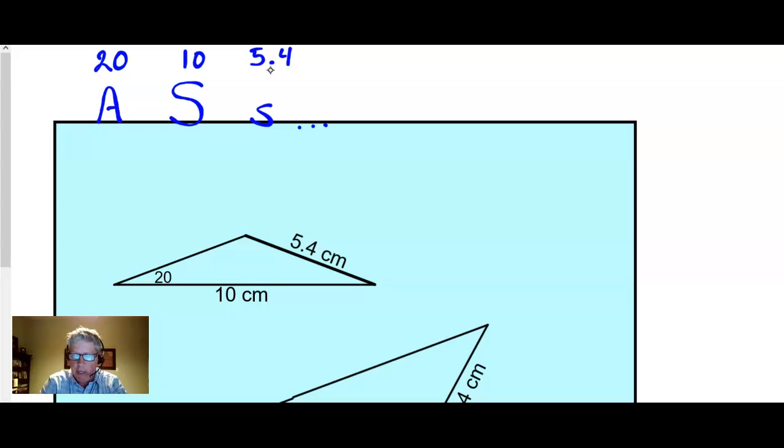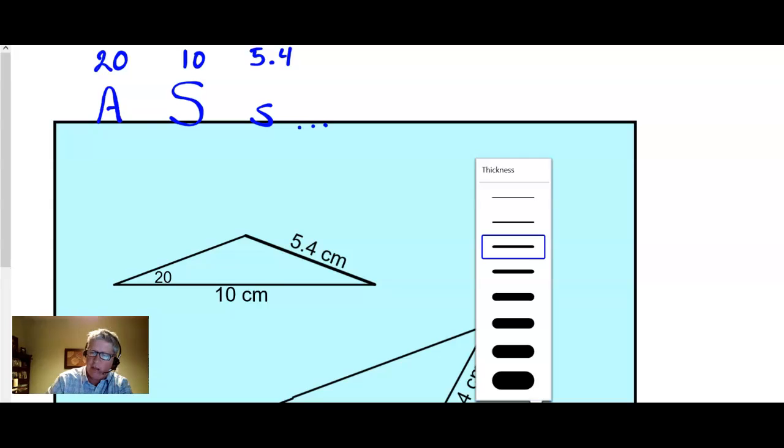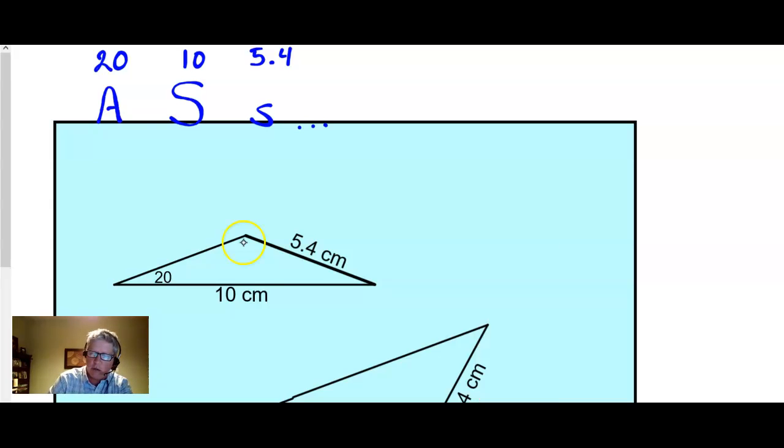So what we might do here is find the angle, and I'm going to show you what happens when you try to find this angle using our good friend law of sines. So that's what we're looking for. Do we have an opposite pair? You bet we do. That opposite pair is 20 and 5.4.